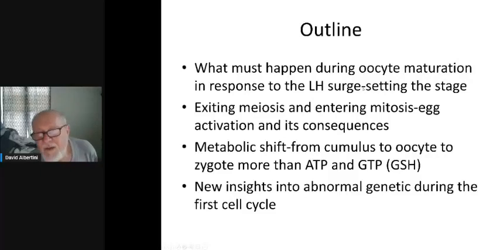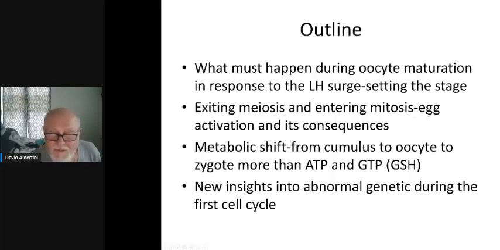Whether we trigger it ourselves in a conventional ART cycle, or whether it occurs normally during ovulation, it is going to set the stage for the events of fertilization. And in essence, this involves exiting the meiotic cell cycle and entering the mitotic cell cycle.